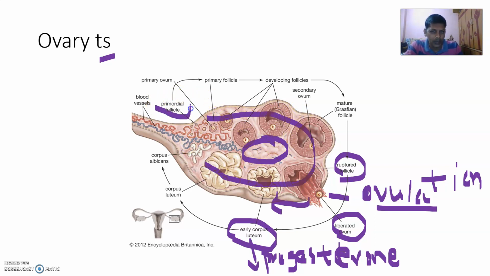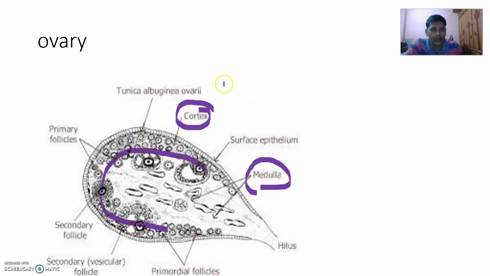The cortex consists of follicles and looks granular because of follicles in different stages of development. This is the primordial follicle, primary follicle, secondary follicle, tertiary follicle, and the mature follicle, also called the Graafian follicle. All these follicles are present in the ovarian cortex.